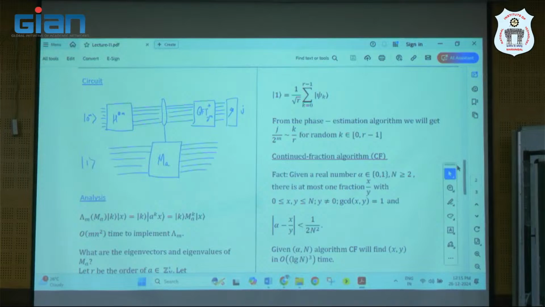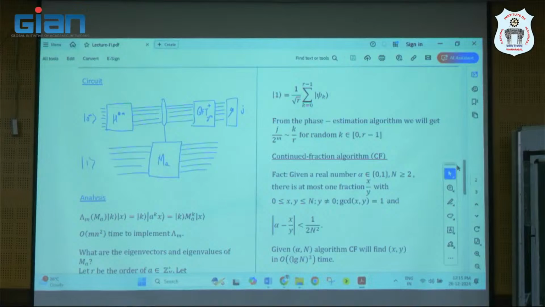But then we know, because this is so close, the only rational number possible is k over r. Remember, k over r also has both entries less than or equal to n, correct? So that means x over y must be k over r in the simplest form. This is what we conclude.